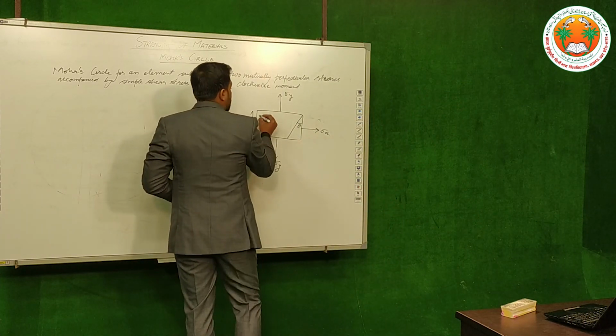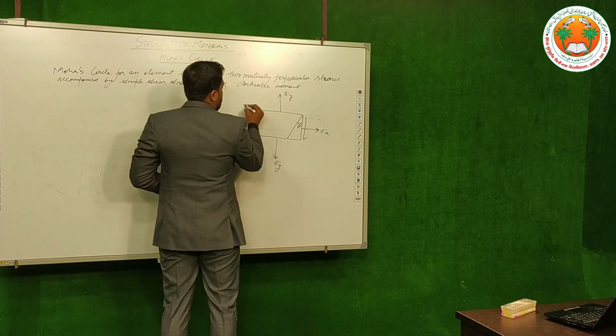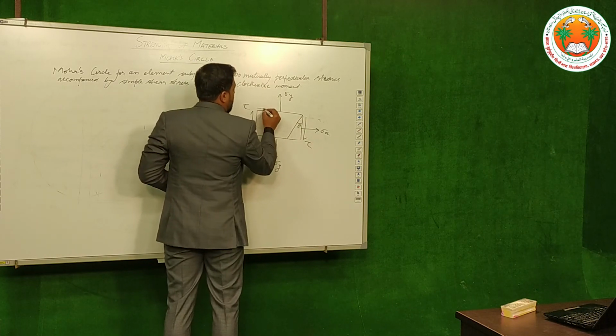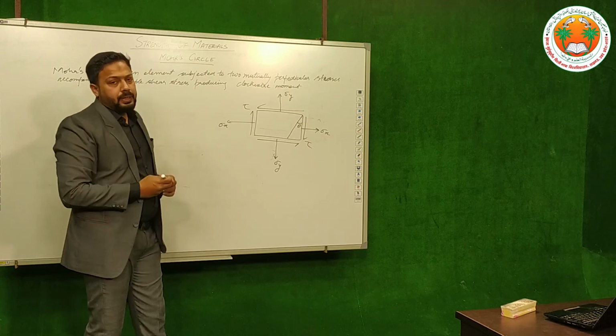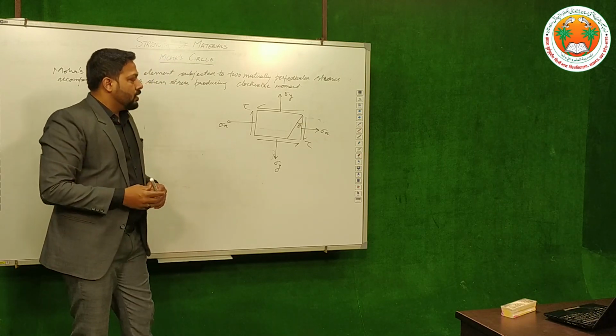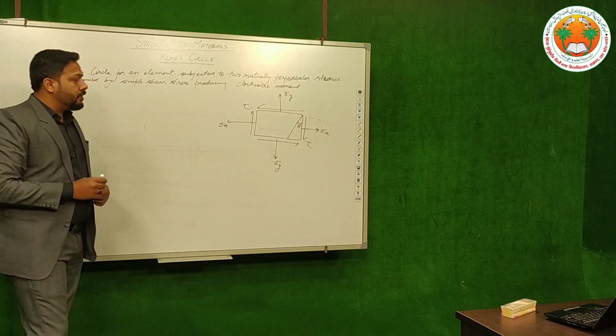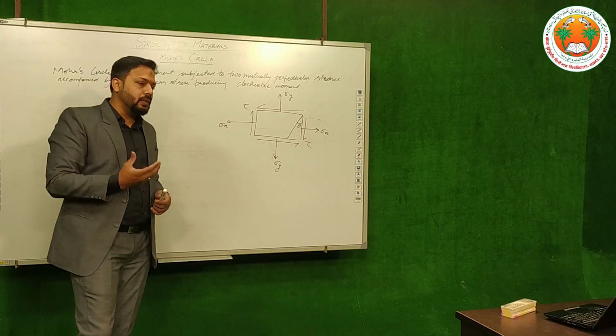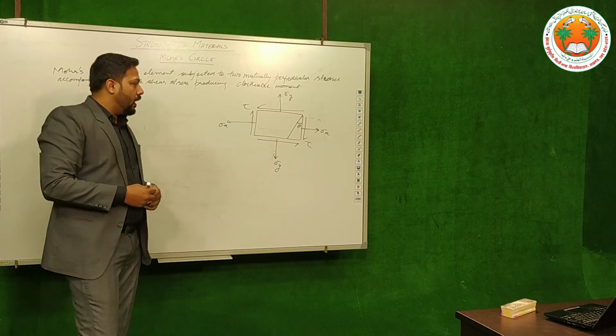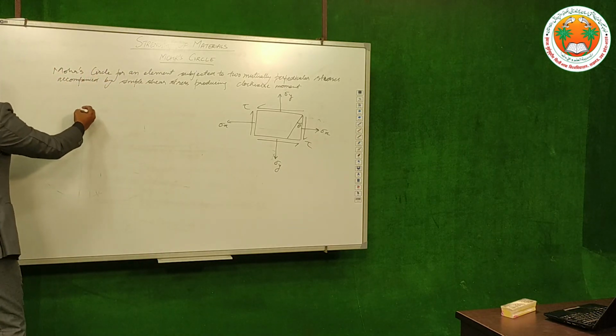And now we will show the shear stresses acting on this element. Similar to the previous two cases, we will draw the Mohr circle by taking a certain scale in Newton per mm square, and accordingly we will draw the diagram.